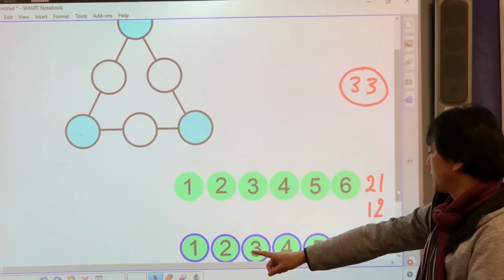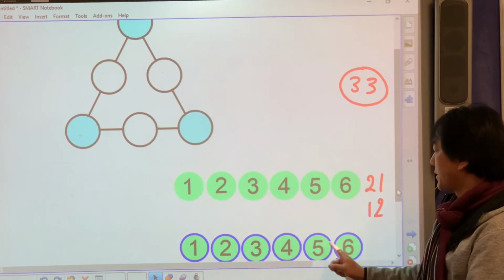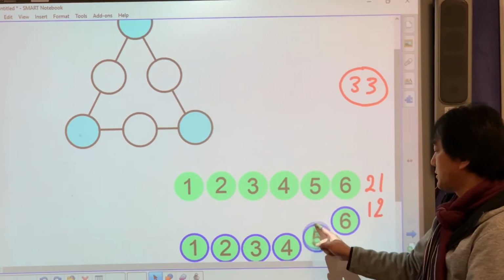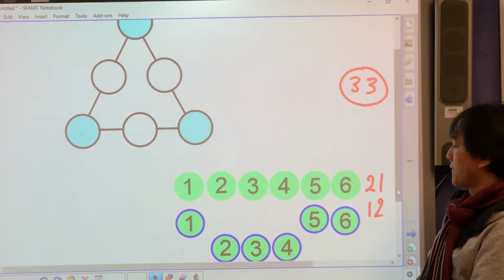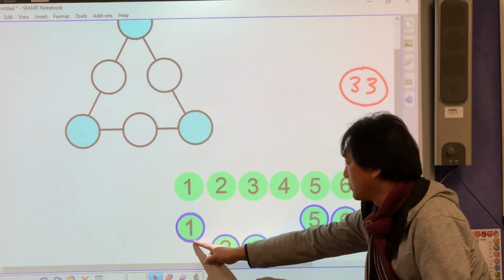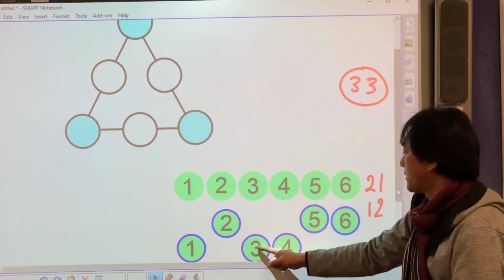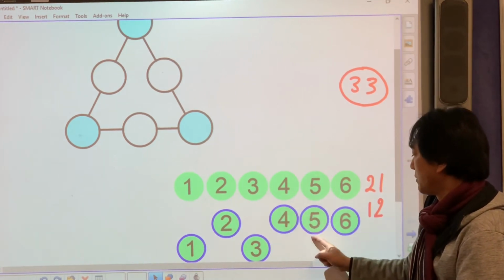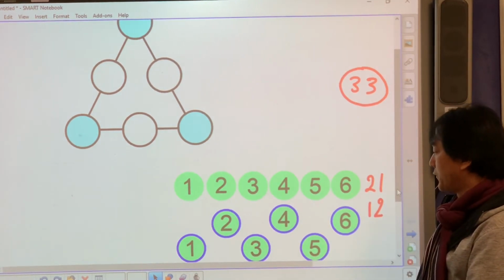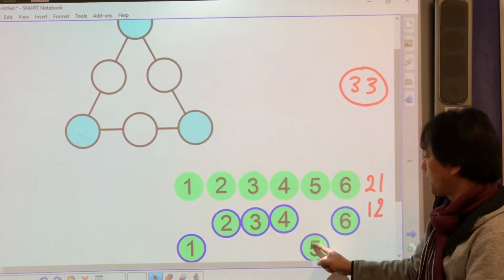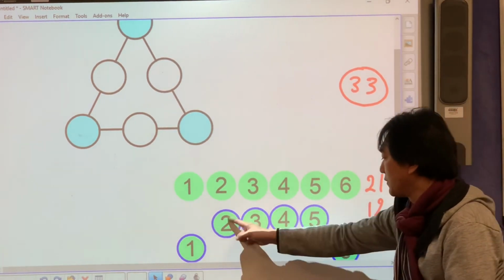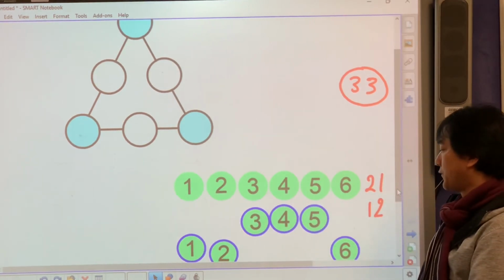1 plus 5 plus 6, that's 12. 2 plus 4 plus 6 is also 12. 3, 4, and 5 also is 12.